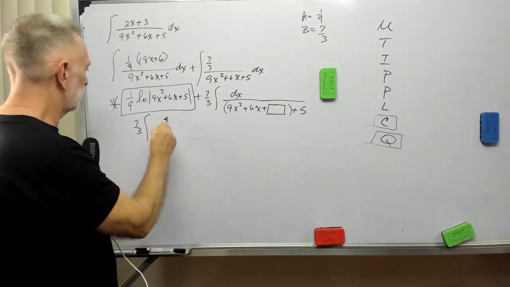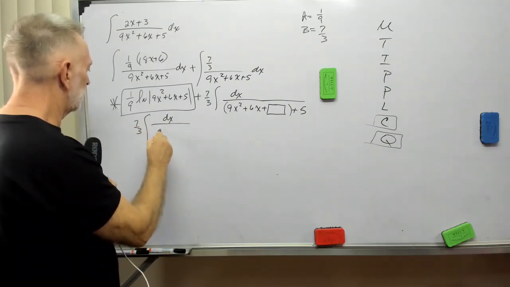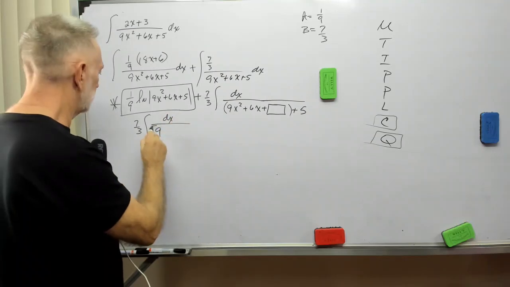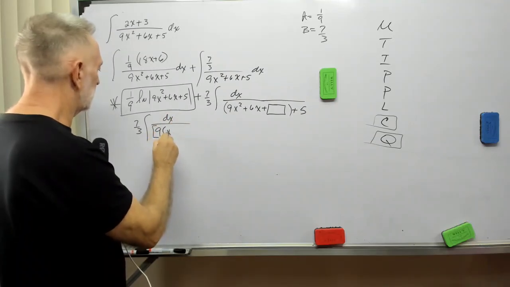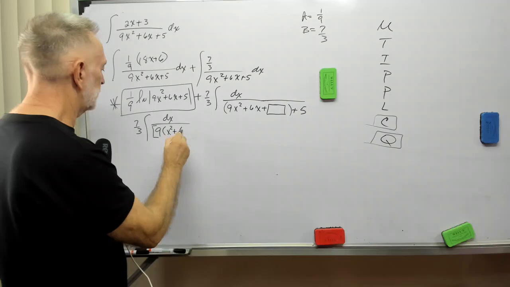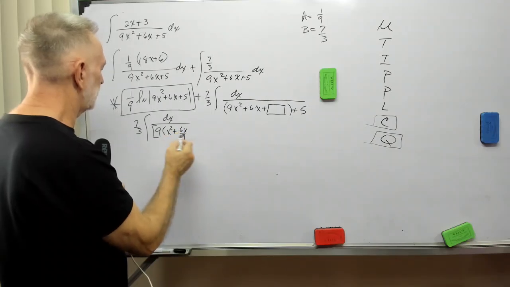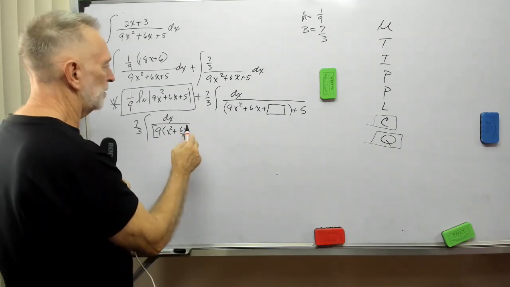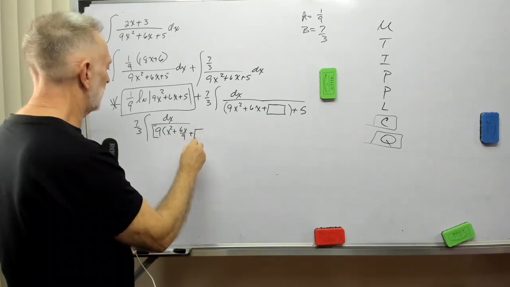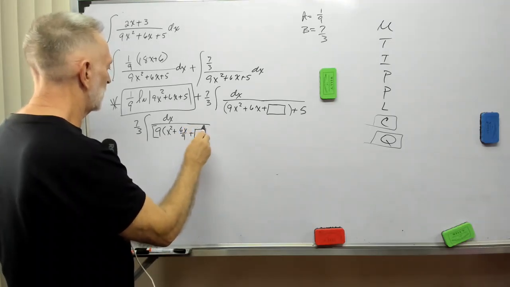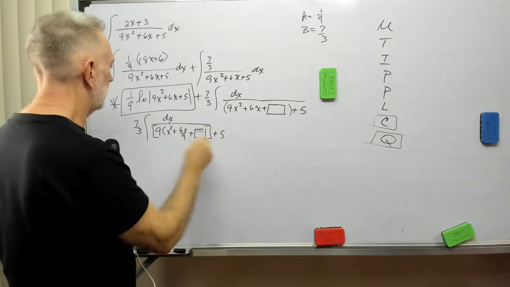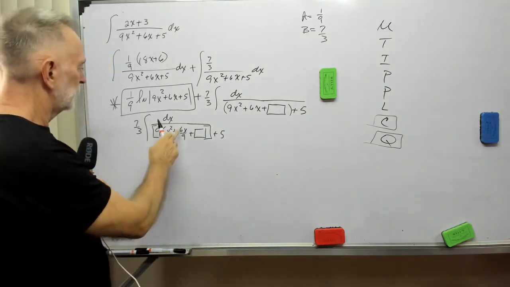7/3 integral of dx over 9 times x squared plus 6x over 9. I've just pulled the 9 out, plus something plus 5. 6 over 9.